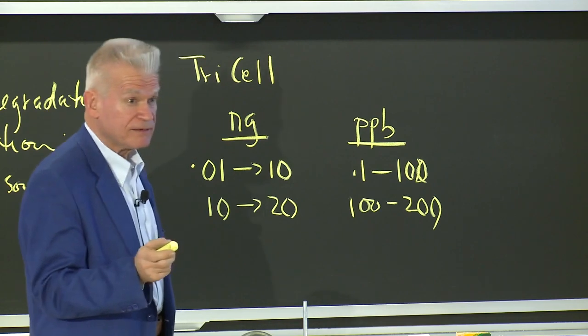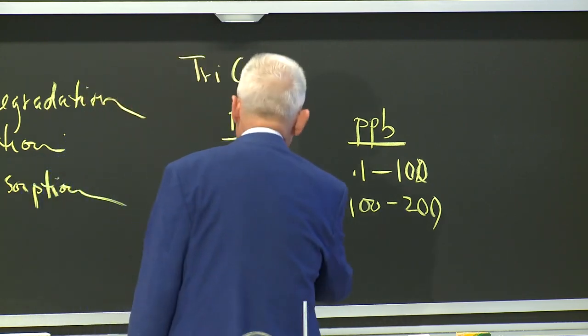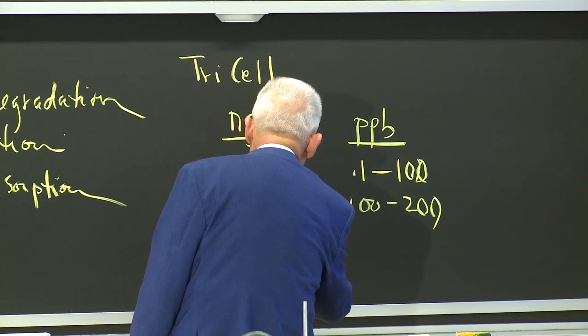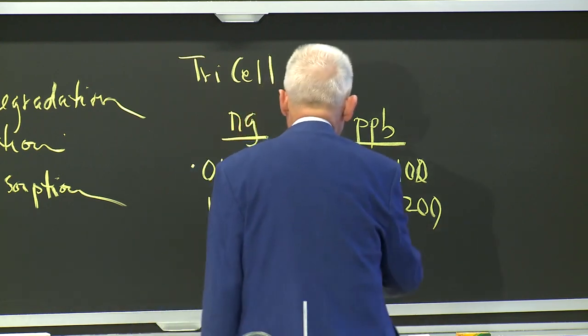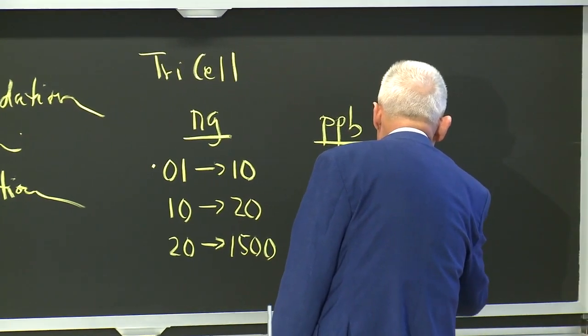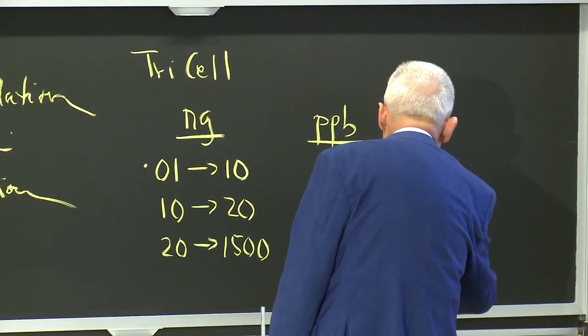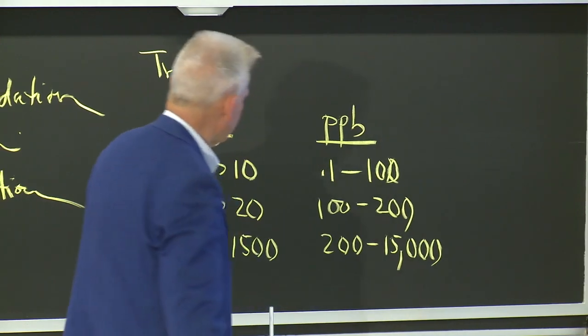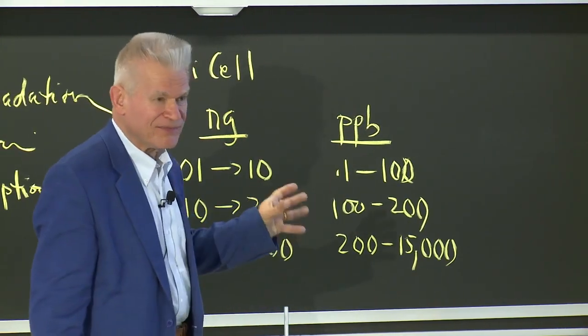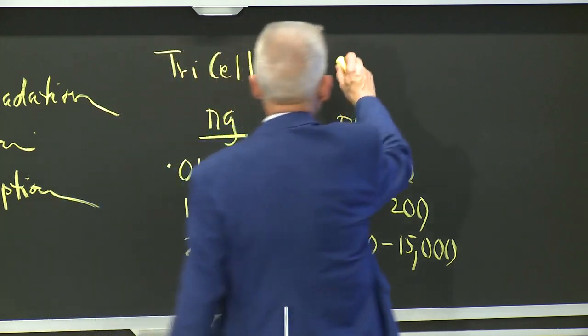And the third cell will pick up the last range from 20 to 1,500 nanograms, which is 200 to 15,000 ppb. The detection limit of this machine is to the thousandths of a nanogram.